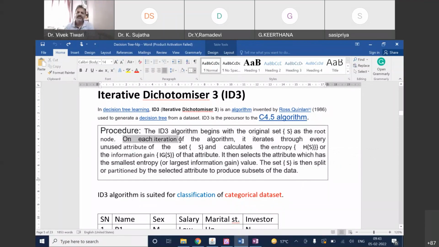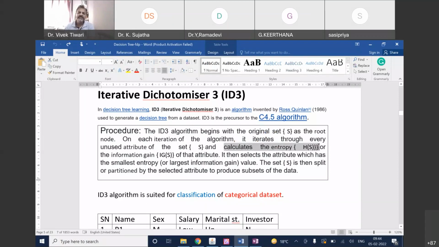On each iteration of the algorithm, it iterates through every unused attribute of the set S. Try to understand: once an attribute has been selected, it cannot be a member of the second level of the split. Suppose age is selected, then age must be outside the remaining attributes. When you grow the tree downward, age cannot be a candidate for the next split. That is called an unused attribute.